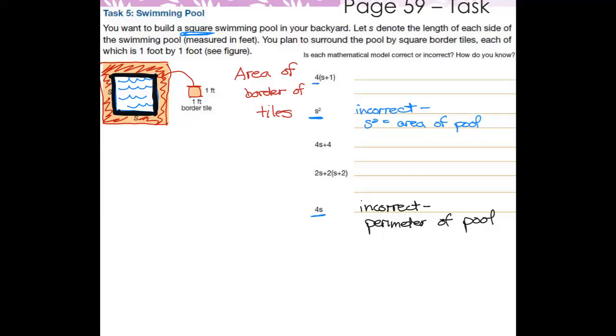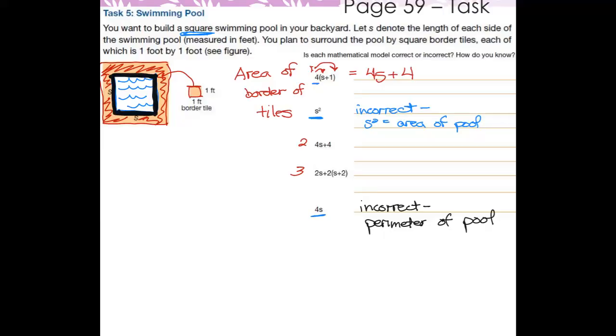Are you talking about this one, this one, or this one? The first one. Say again, 4 goes inside the parentheses. What do you mean? Like they multiply? Distribute? They distribute. Okay. He says when I distribute, what do you get for an answer? 4s plus 4.